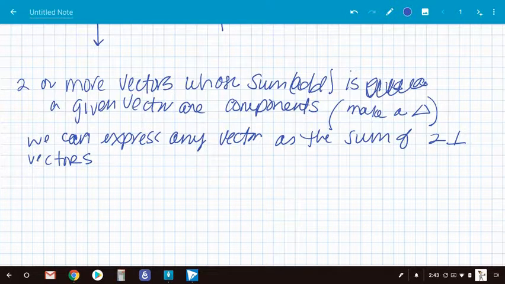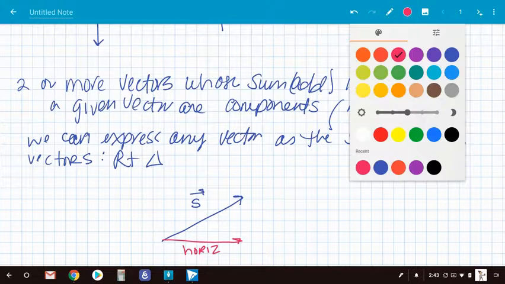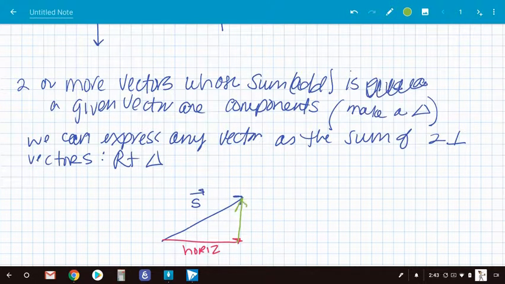So if I have a vector, let's call it vector, I don't know, S here. I can express this as, and let me grab two different colors here, the horizontal component and the vertical component. Okay, this would be my angle theta here.